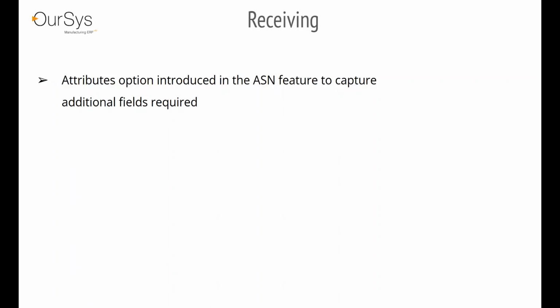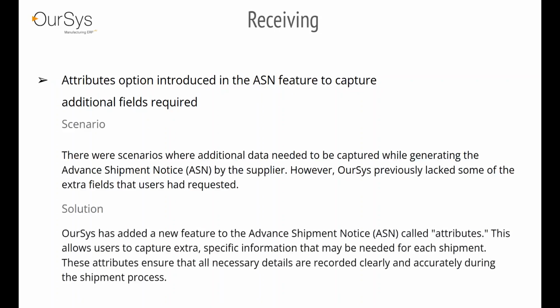Attribute option introduced in the ASN feature to capture the additional fields required. In the past, when the supplier created any advance shipment notice, there were situations where additional information needed to be recorded, but we didn't have a provision to add additional fields to capture that data.